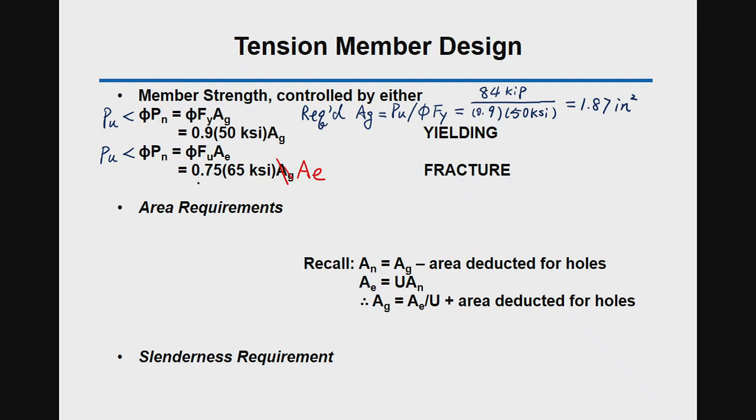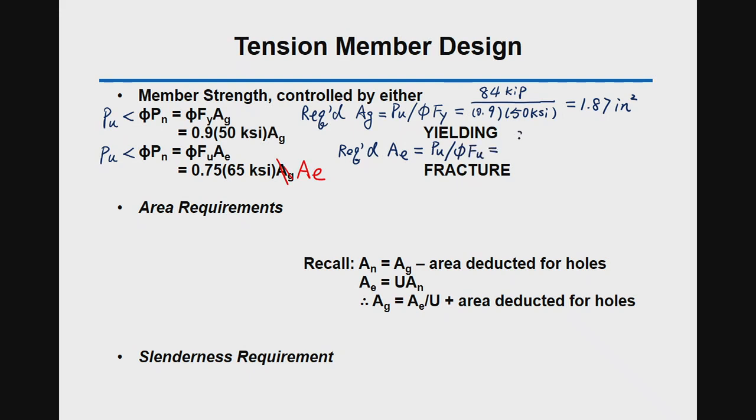So from there, we know that the required AE is PU divided by phi Fu, right?